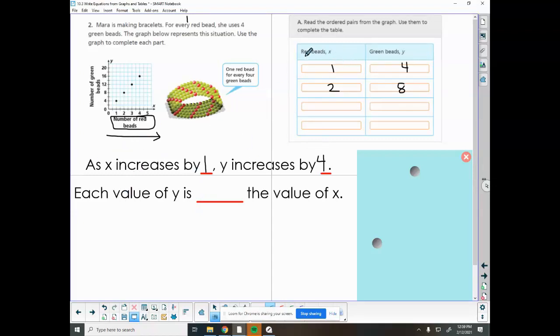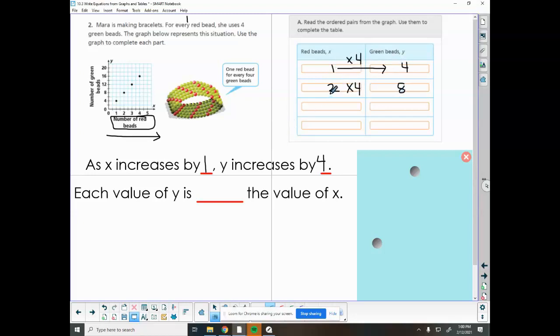This first one asked us, how do X and Y grow? Now it asks, how do we get from X to Y? To get from 1 to 4, this is a nice unit rate. They're doing the same proportion every time, so we're going to multiply by 4. 1 times 4 is 4. 2 times 4 is 8.